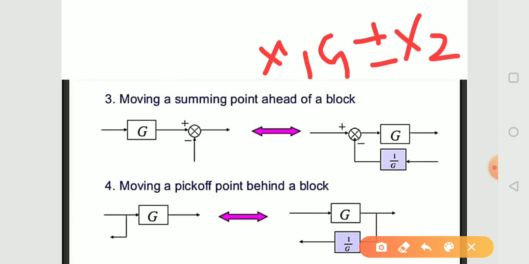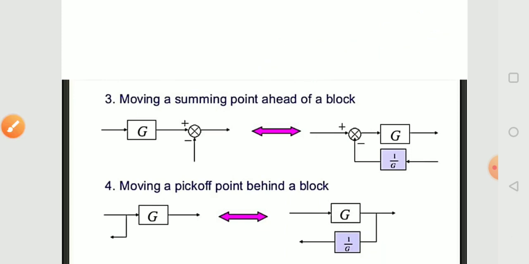So in both conditions the output will be the same, and our intention is to get the same output. So this is the third rule of block diagram technique.